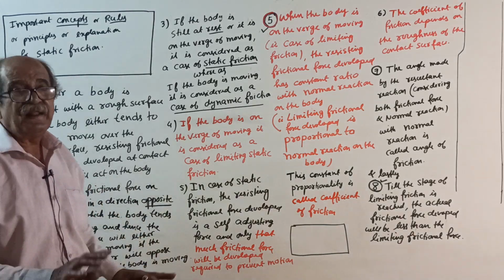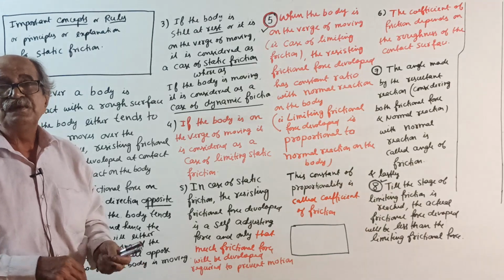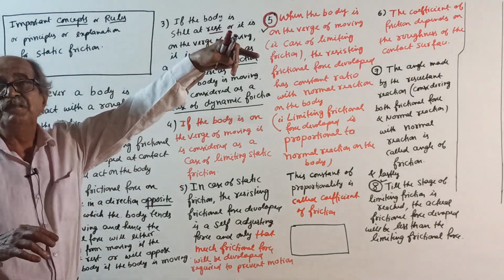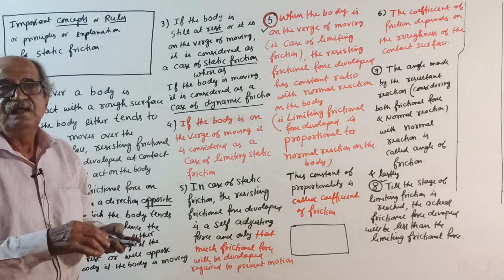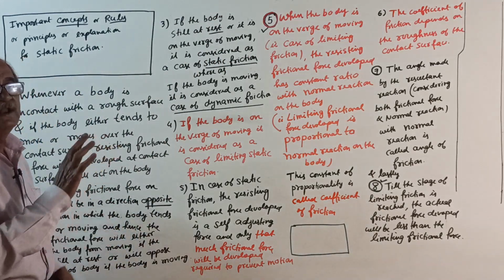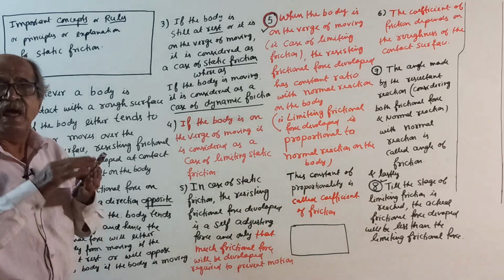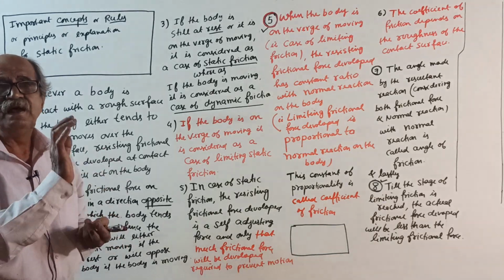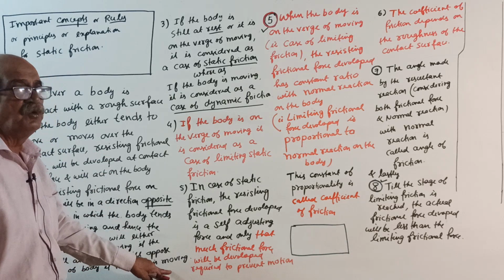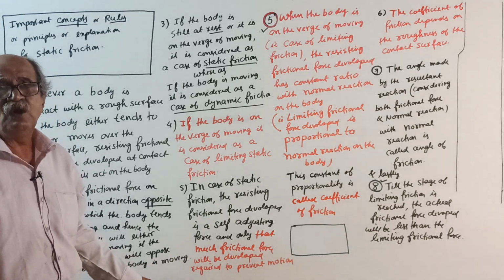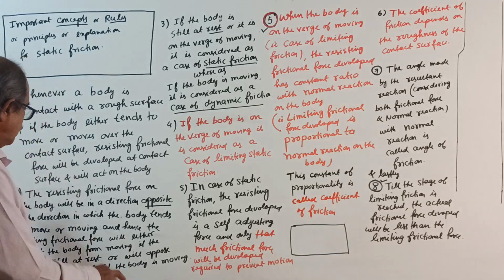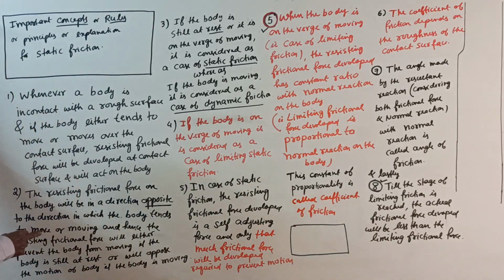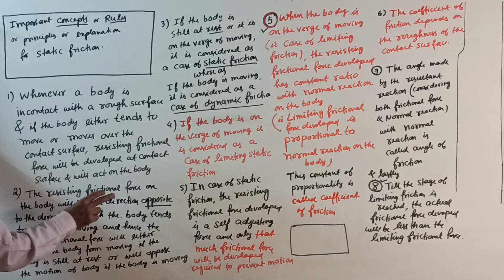If the body is at rest, meaning it has not yet reached the limiting case and has not started moving, then it will prevent the motion. Whereas if it is already moving, then it will oppose the movement. That second one is called dynamic friction. The first one, when the body tends to move, is static friction; when moving, dynamic friction.